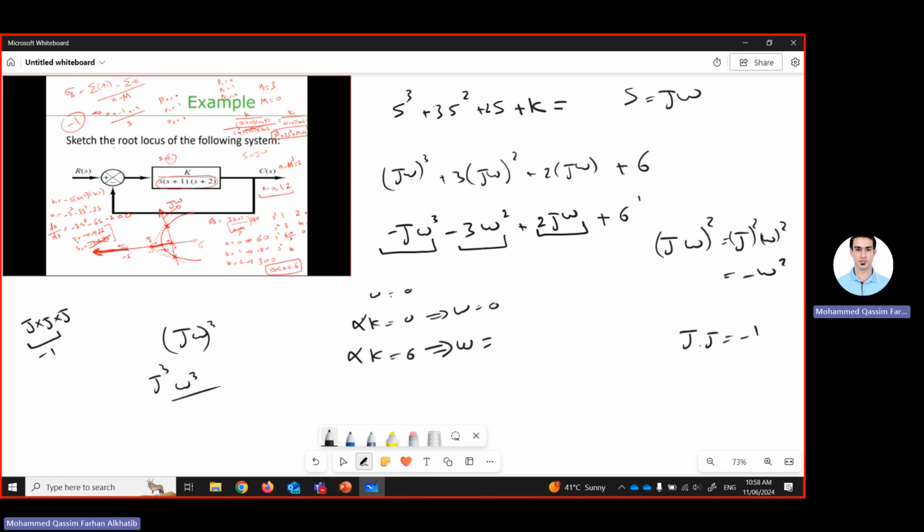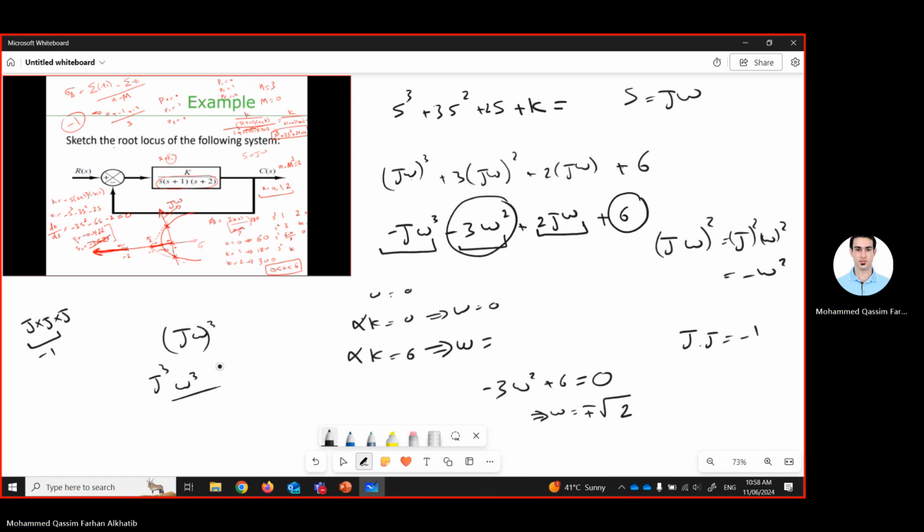Take the real part: negative 3 omega square plus 6 equals 0. This is the real part. So what does omega equal? Plus or minus square root of 2. Okay, so here it will be at j square root of 2.